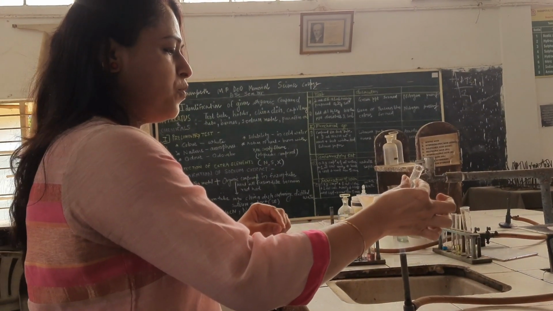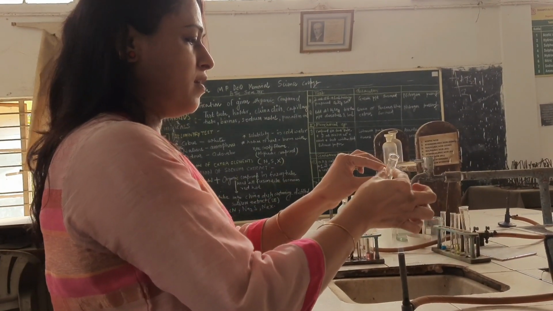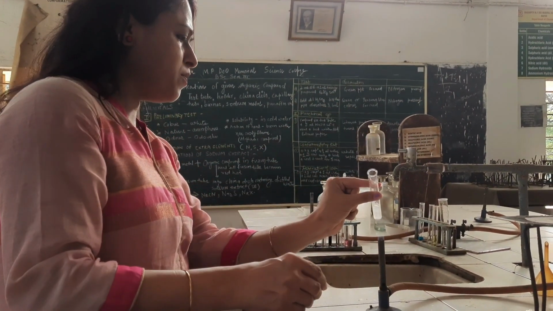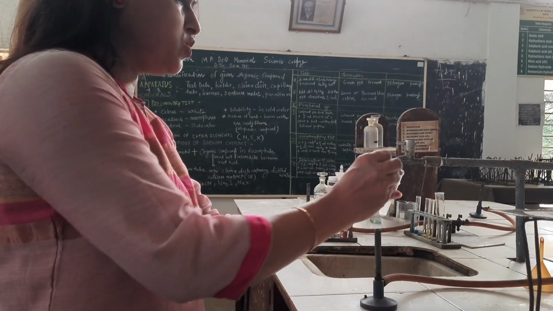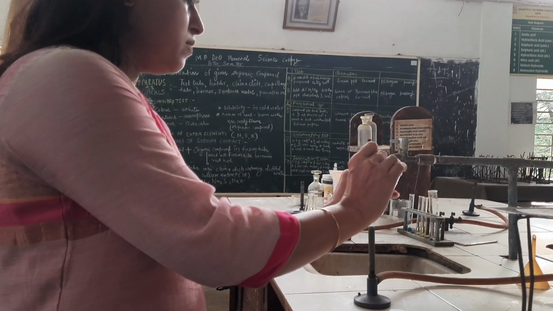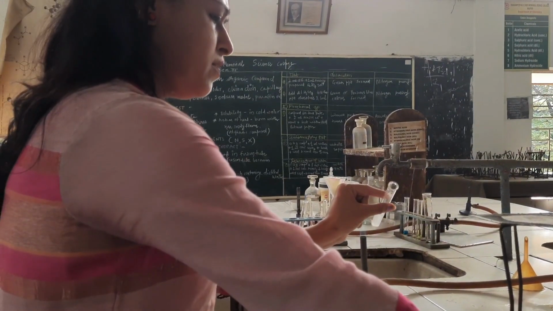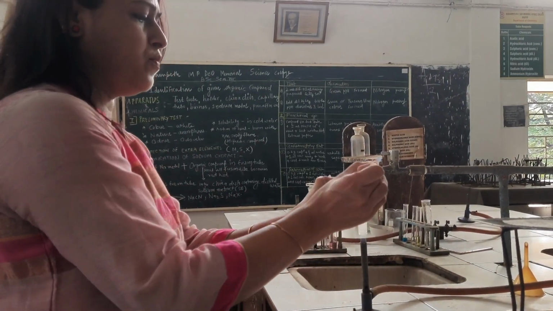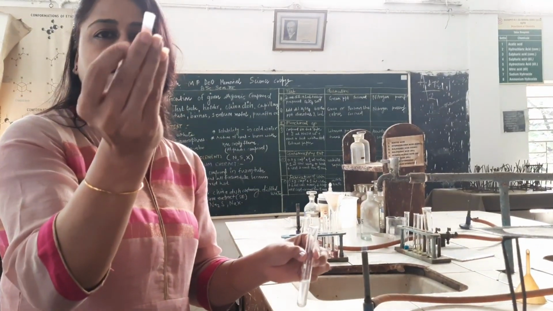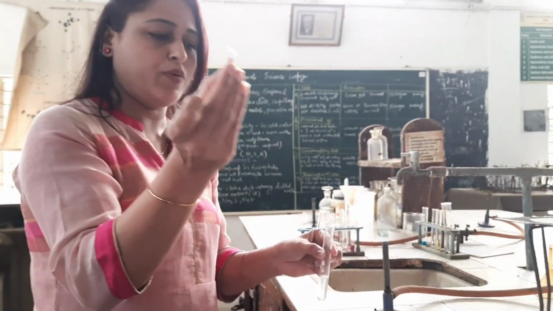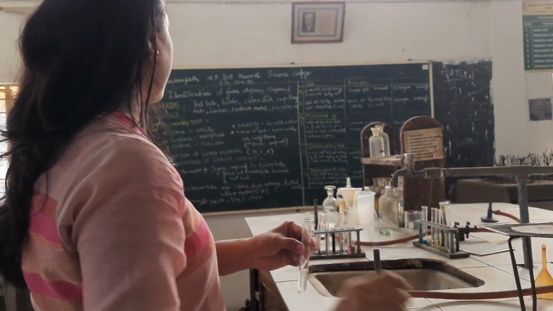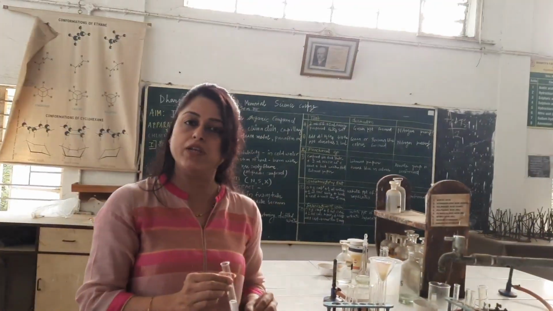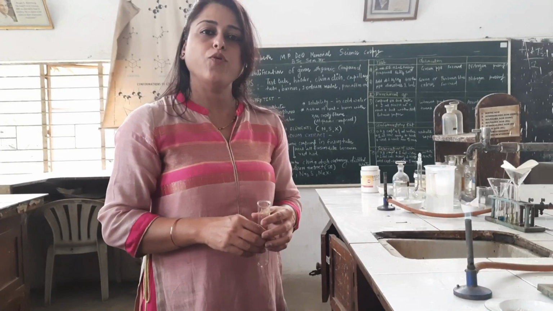If you place a red litmus paper towards the mouth of this test tube, this red litmus paper turns blue. So it indicates that amide group is present in the given compound.